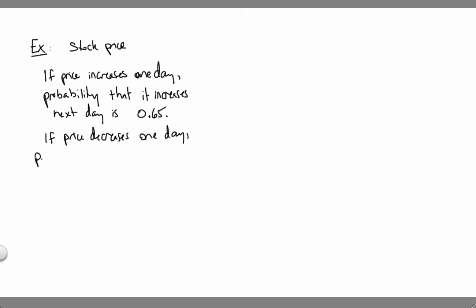Let's say the probability that it decreases the next day is, well, let's say it's 0.45. So if the price has a bad day, it decreases over the course of the day, the probability that it's going to have a bad day the next day of trading is 45%.